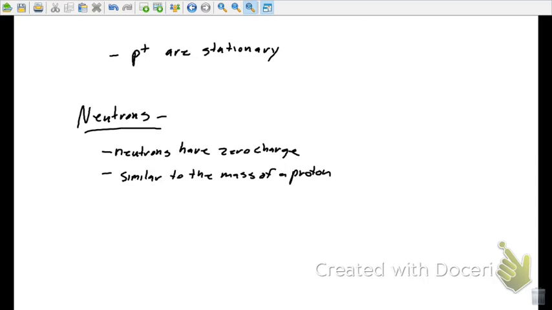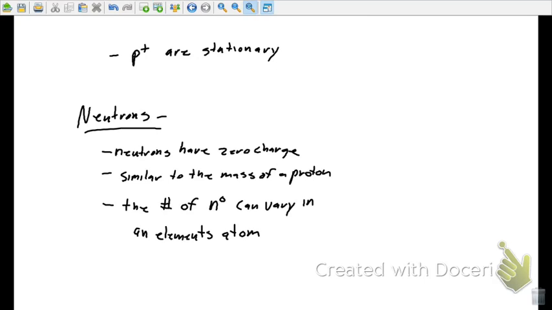The number of neutrons can vary within an element's atom. So this is where we get the term isotope.